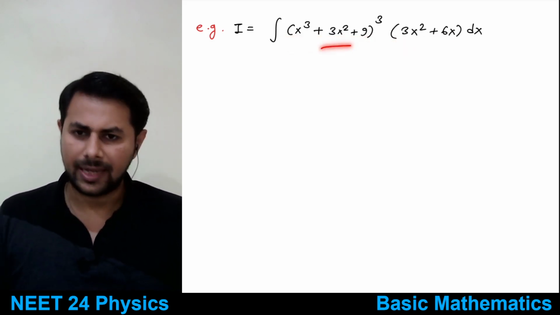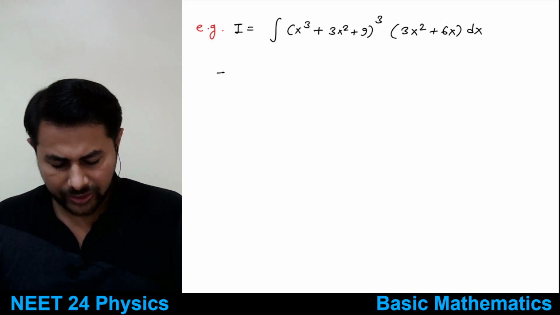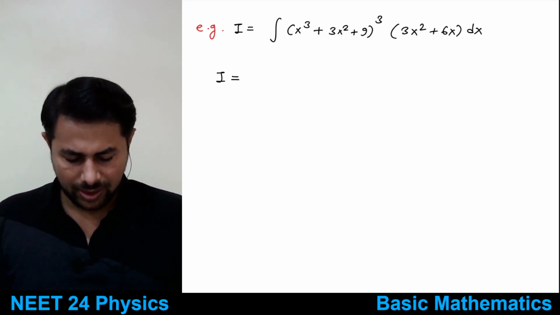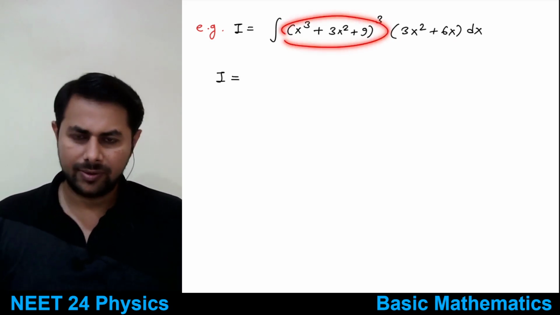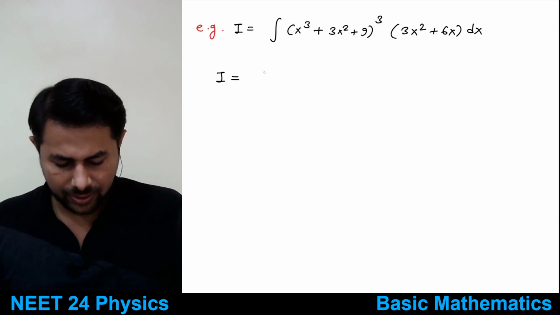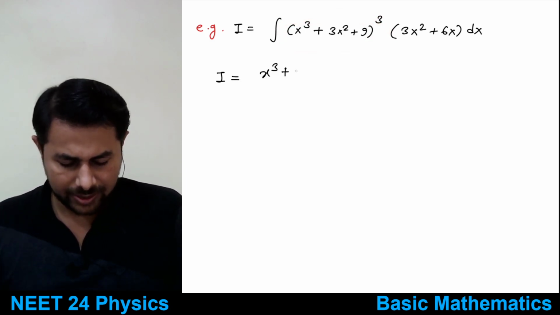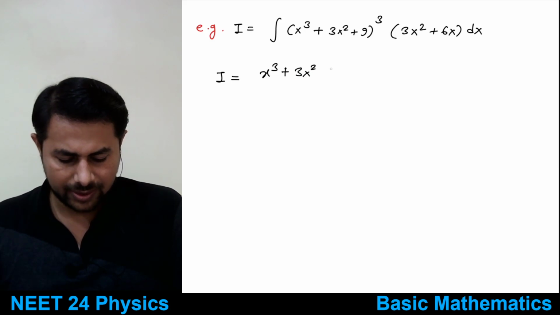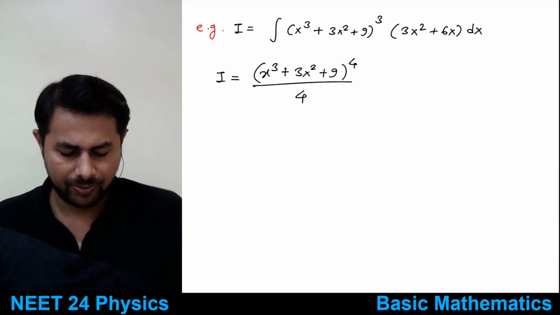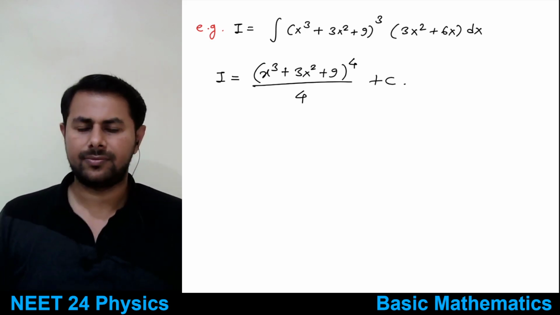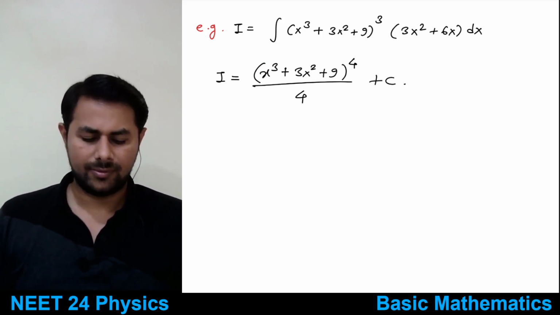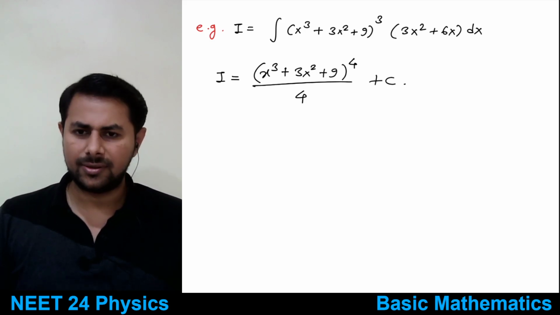I have written it that way only. So what do you get? I equals just the integration of this, so it will be x cube plus 3x square plus 9 raised to 4 divided by 4 plus c. Right? This is clear.